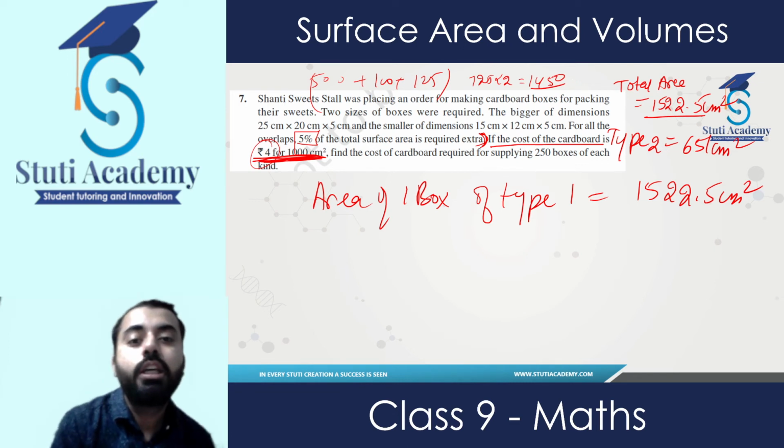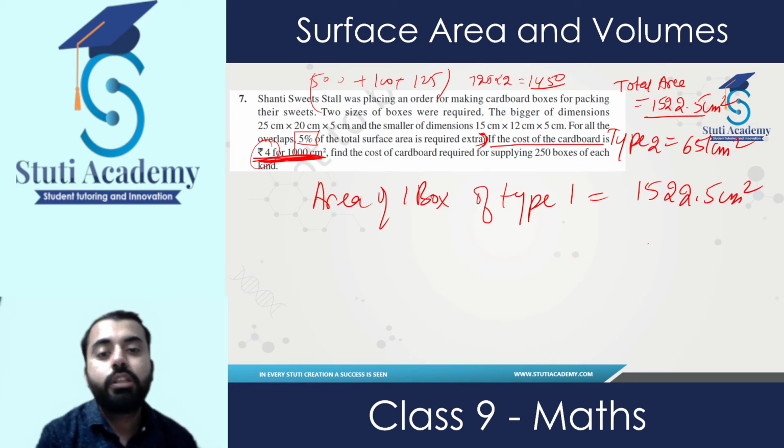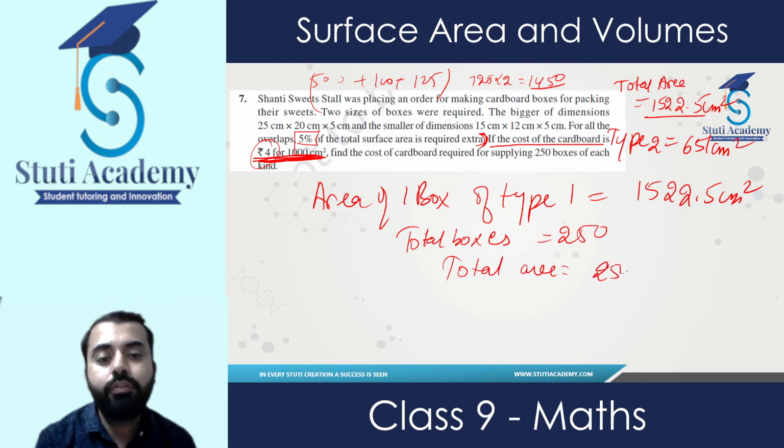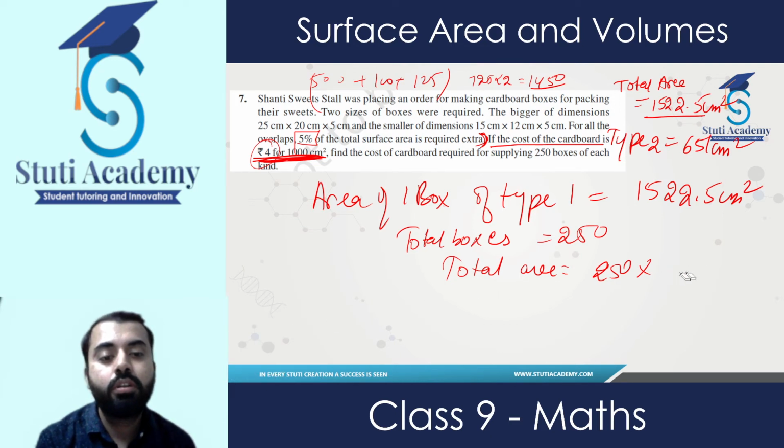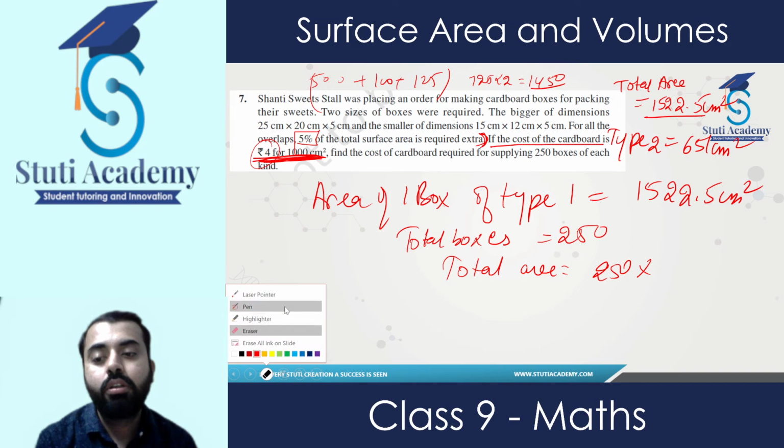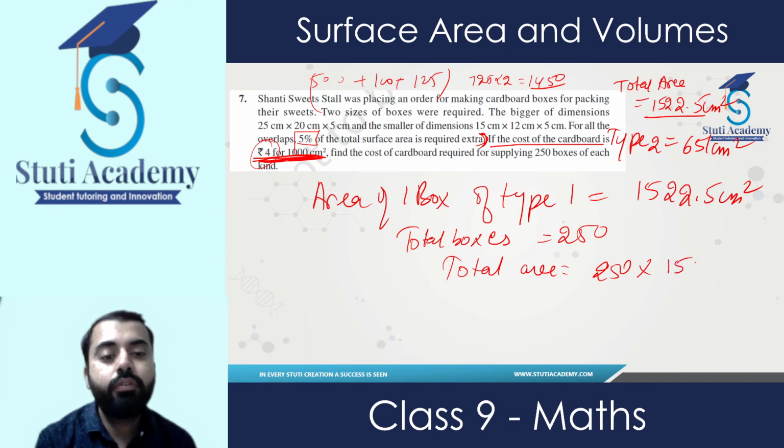Now see, this was this. So total boxes were 250. Total area, it will be what? 1522.5, dividing it with 10.